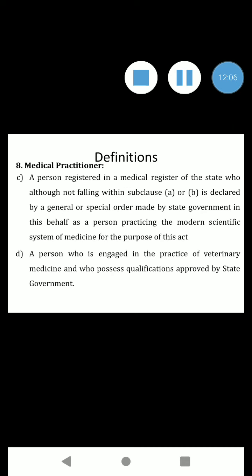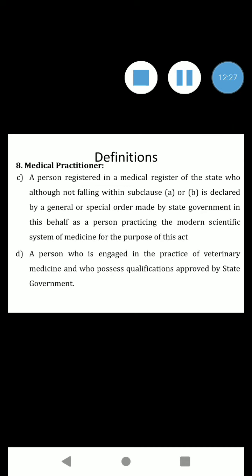It means a person registered in a medical register of the state, by general or special order of the state government, who is practicing the modern scientific system of medicine for the purpose of this Act.